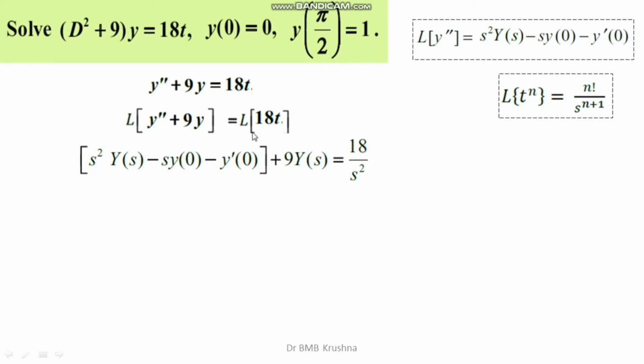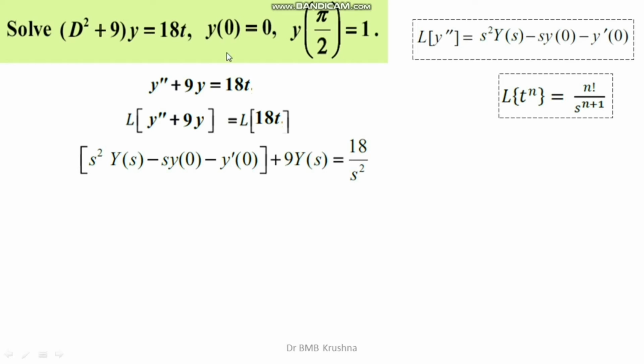Laplace transform of t is a polynomial function t power 1 where n is 1. Laplace transform of t power 1 is 1 factorial by s power 1 plus 1. 1 factorial means 1, so 1 by s square. So 18 into 1 by s square is 18 by s square.